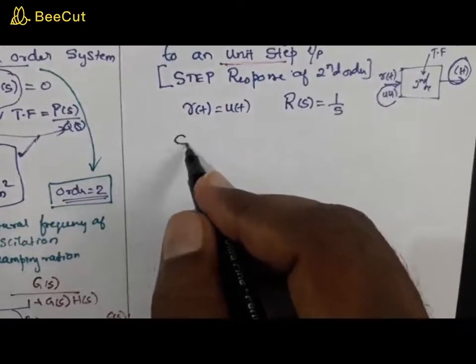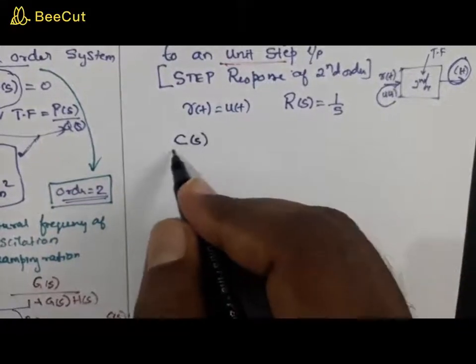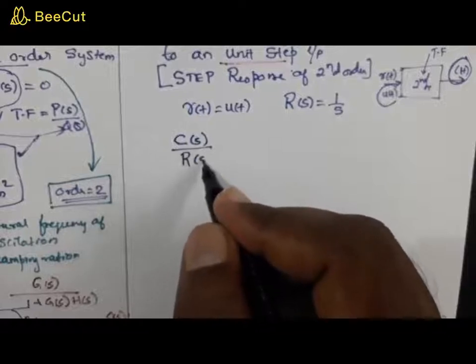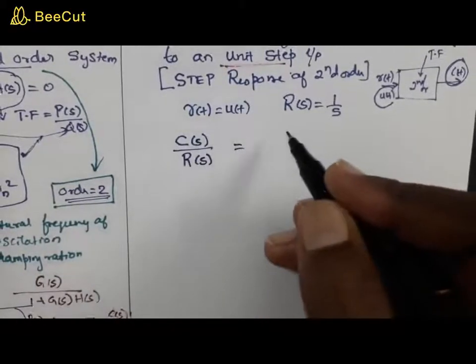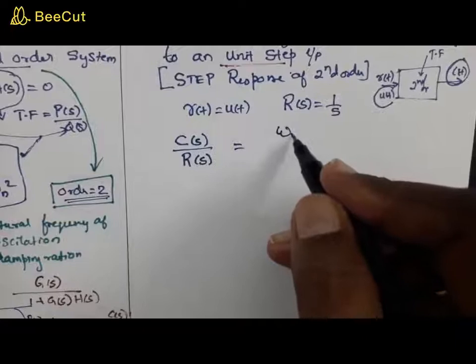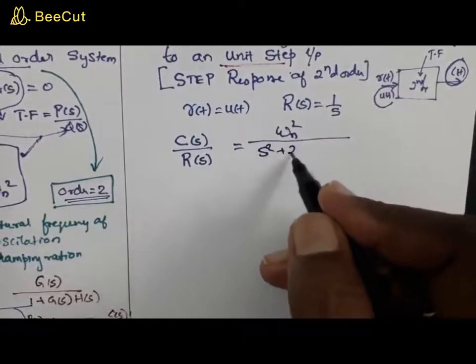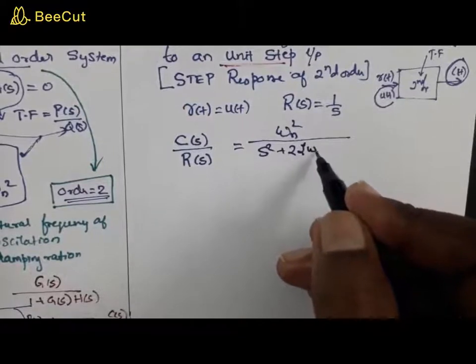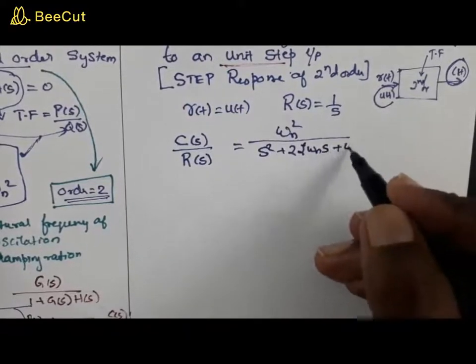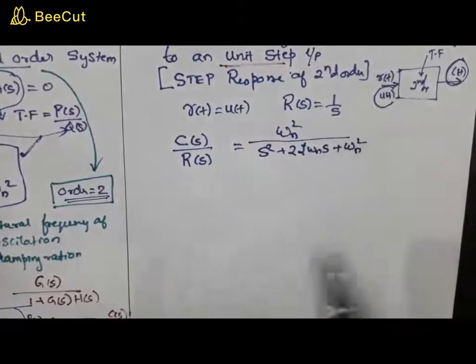We have just learned that the general transfer function of a second order system is given by omega n squared by s squared plus 2 zeta omega n s plus omega n squared.